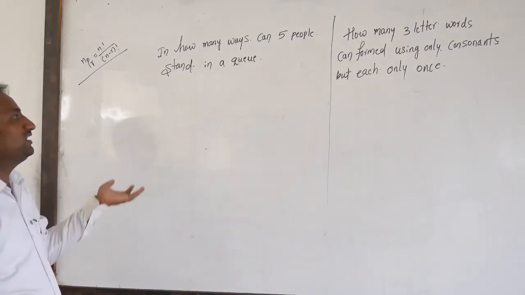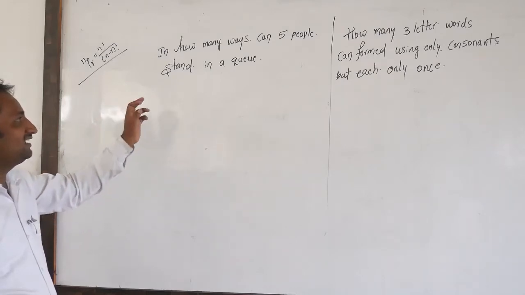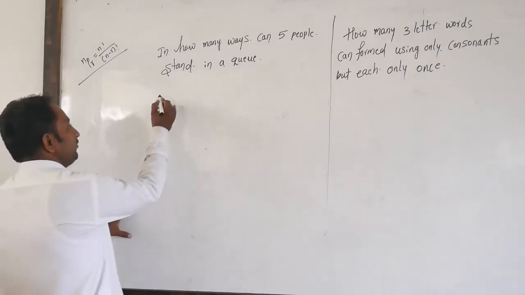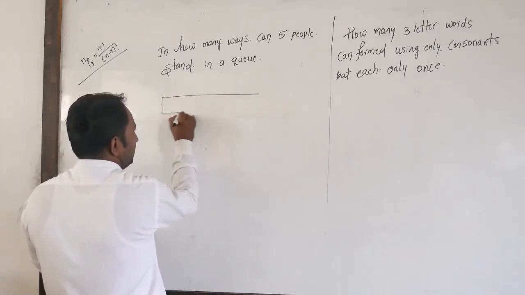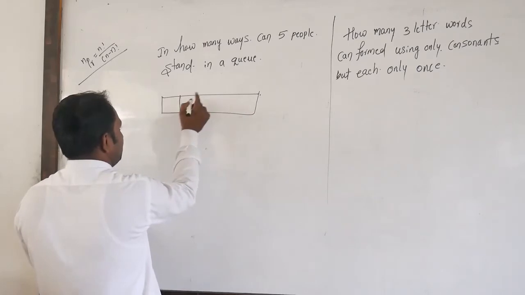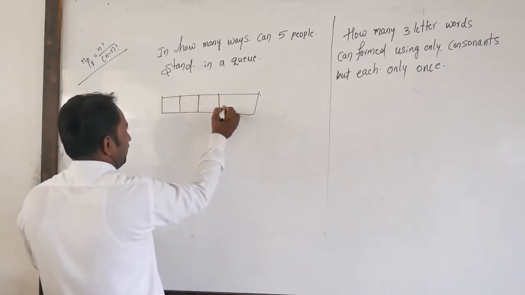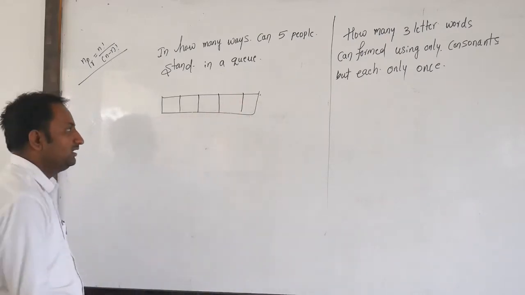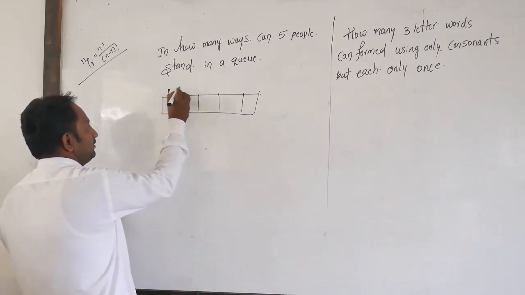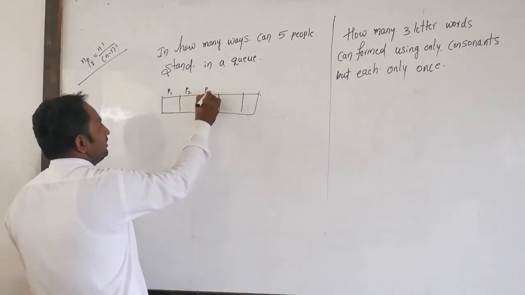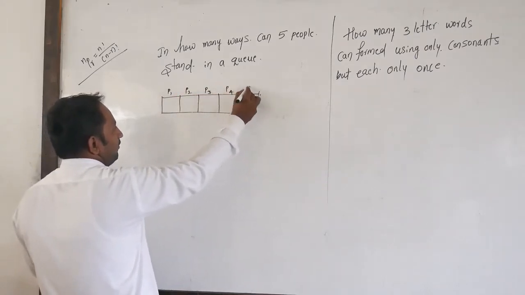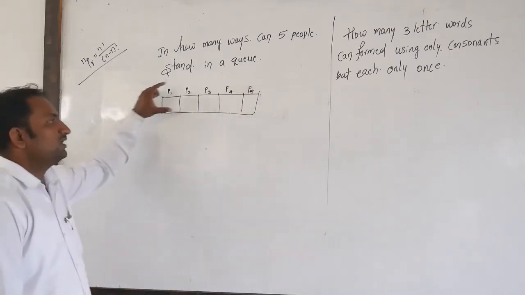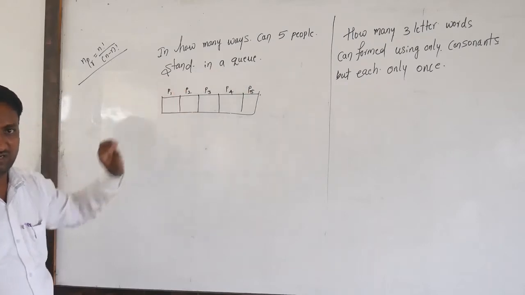Here we can consider one queue, with positions 1, 2, 3, 4, 5. Naming the people as person number 1, 2, 3, 4, 5, in this way, this is one type of arrangement.